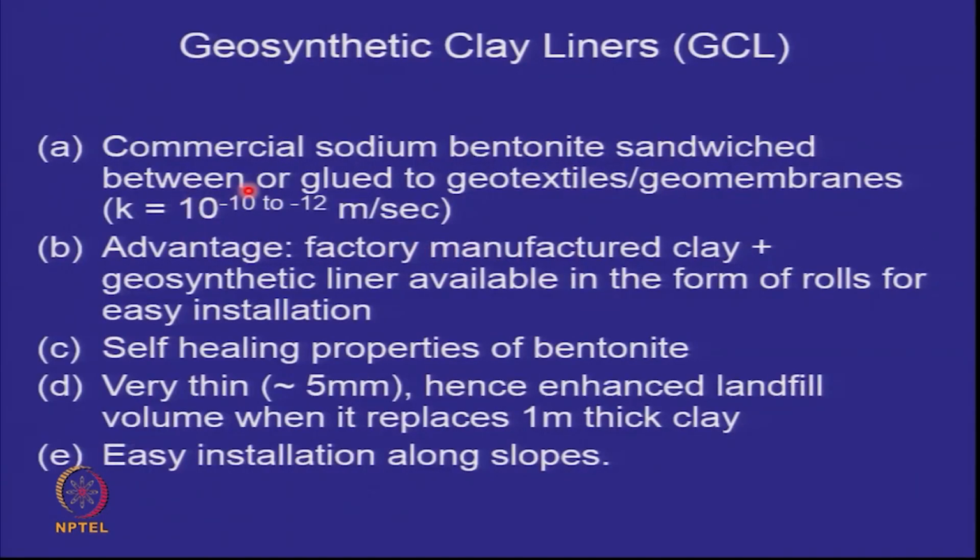So commercial sodium bentonite sandwiched between or glued to geotextiles or geomembranes, with K of 10 to the power of minus 10 to 10 to the power of minus 12 meters per second. Advantages: they are factory made, clay plus geosynthetic liners, available in the form of rolls for easy installation. They have self-healing properties.